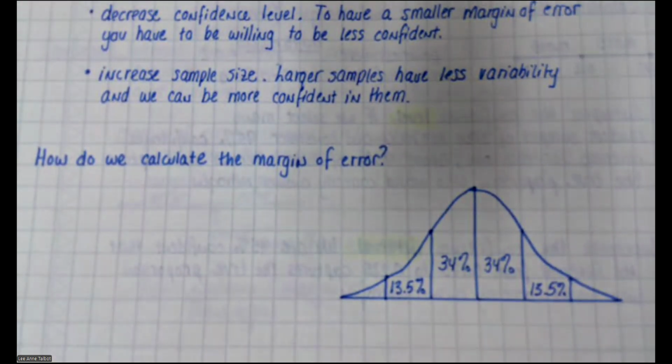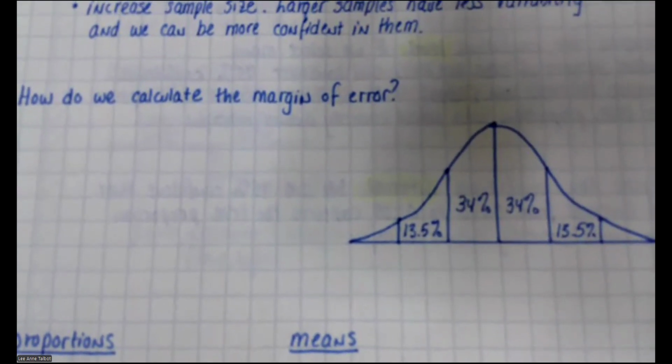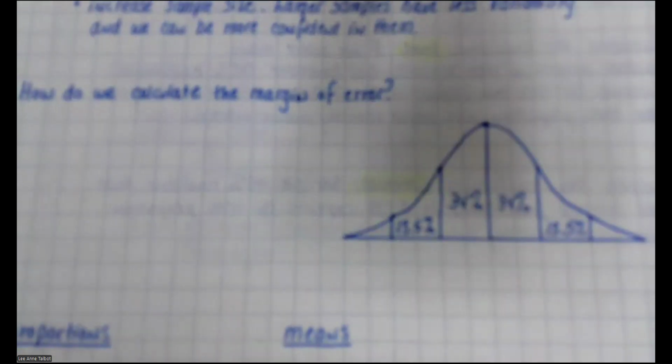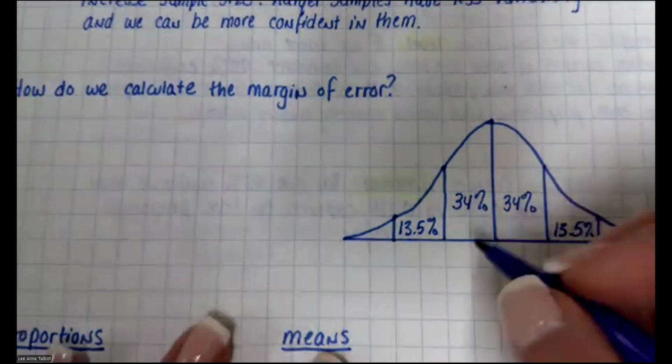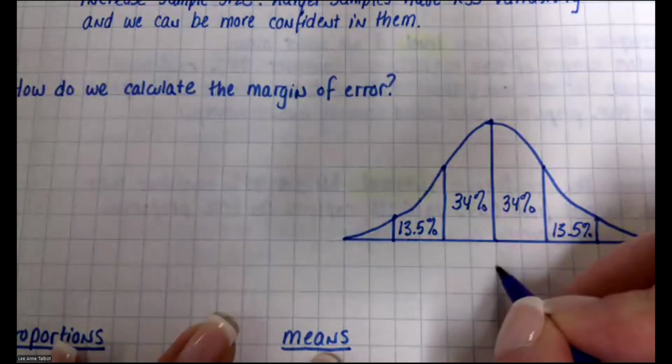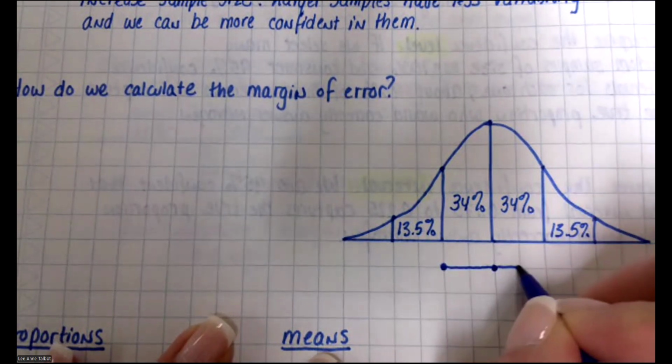By the way, these aren't exactly 34 either, but apparently estimating like that, rounding, is very fine in stats. And what I want you to do is I want you to start visualizing your intervals.